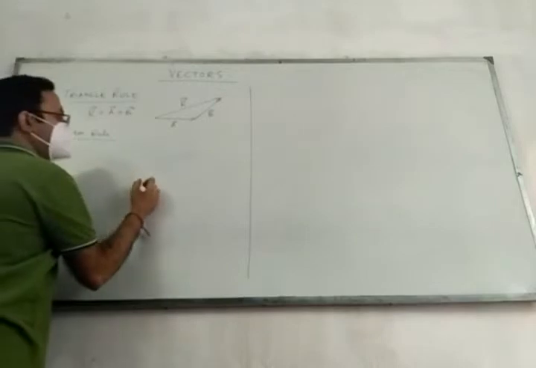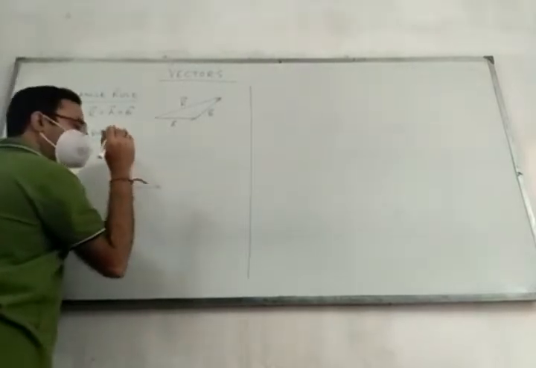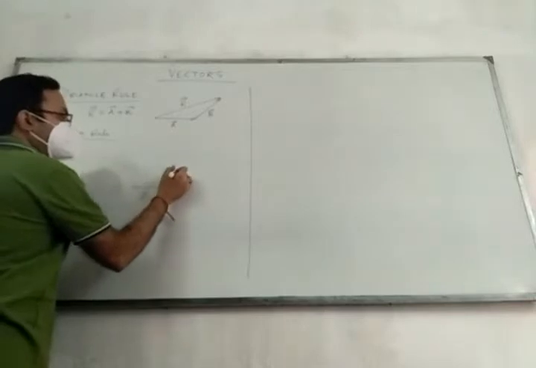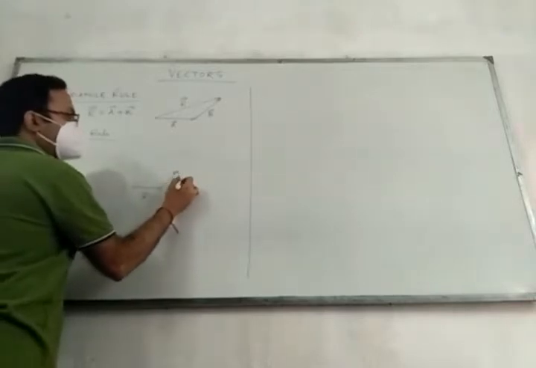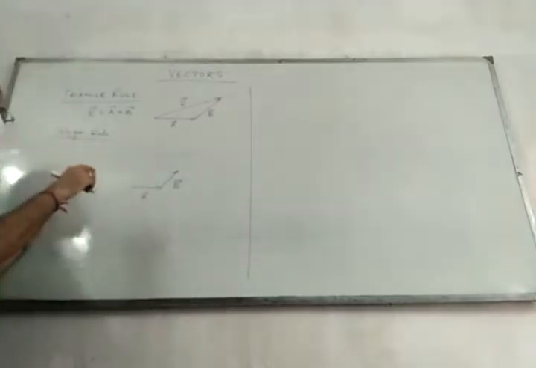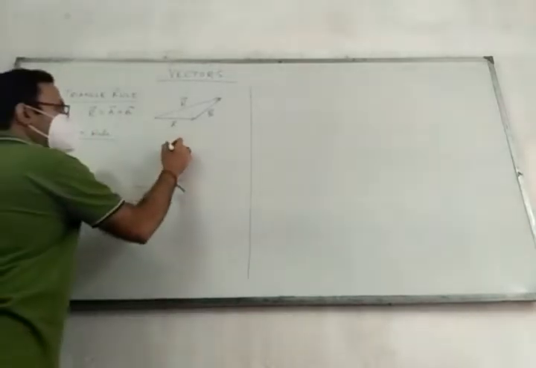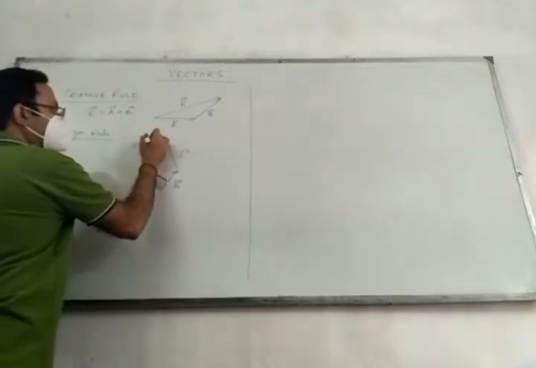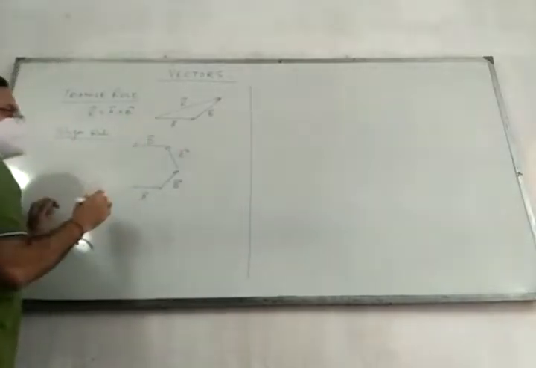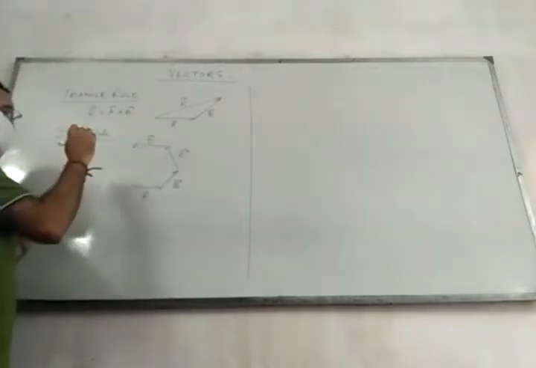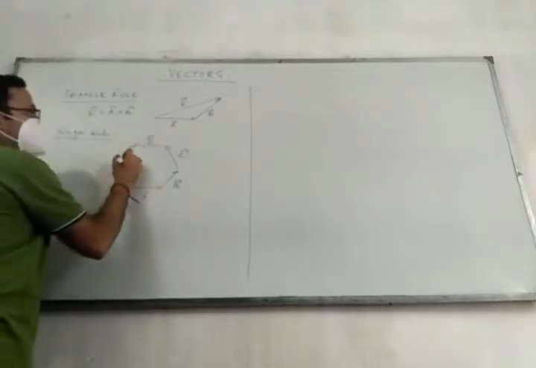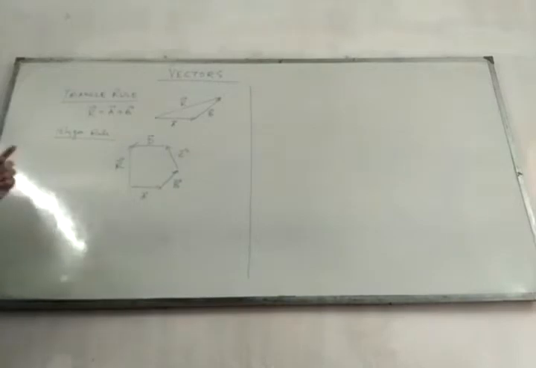Polygon rule says that if you represent all the given vectors in the form such that the point where the first vector ends, the second vector starts from the same point, then the closing side of the polygon will give you the resultant vector taken in the reverse order.